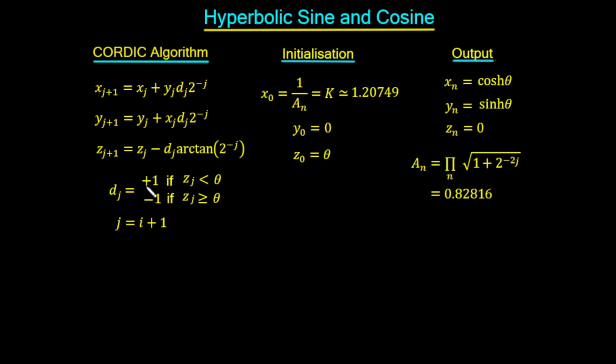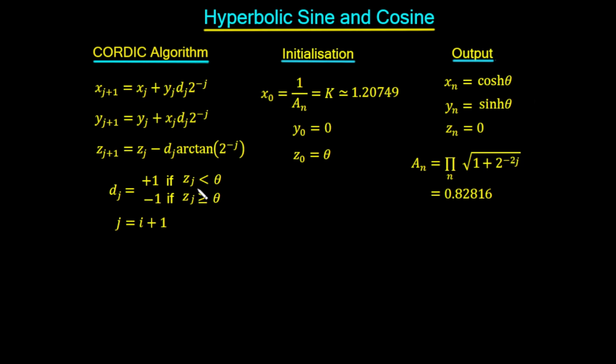This little section here has changed. Previously we would be in the vectoring mode, using the terms y_i instead of the z_i. But now we're in the rotation mode, so we're going to be comparing these angles. Don't worry too much, we're going to have a look at it in the graphical calculator and it'll all become clear.